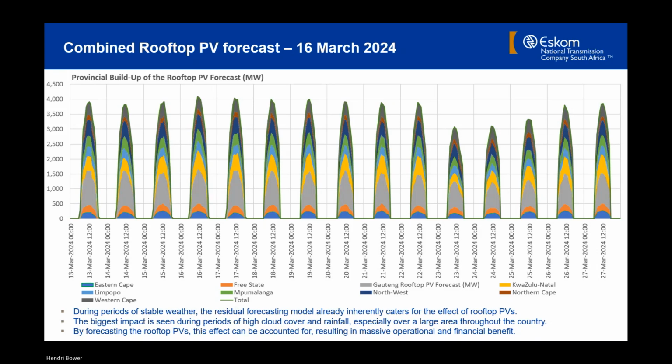I think just a comment from my side, and it is very much in line with the comment in the chat. We oftentimes get the question, okay, but how does Eskom take the role of battery energy storage into account? How do you cater for that in your calculations?